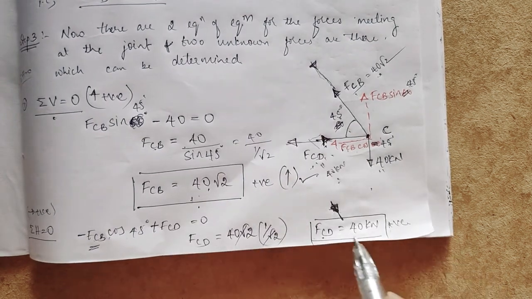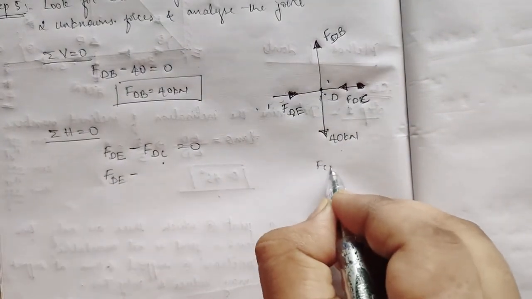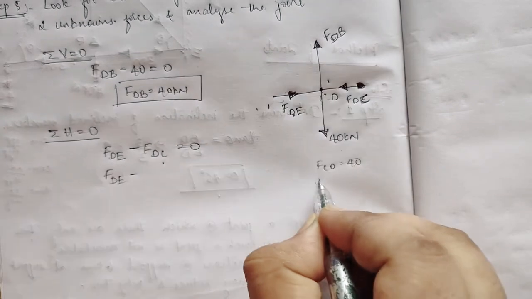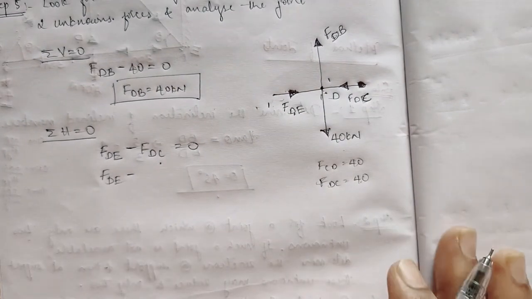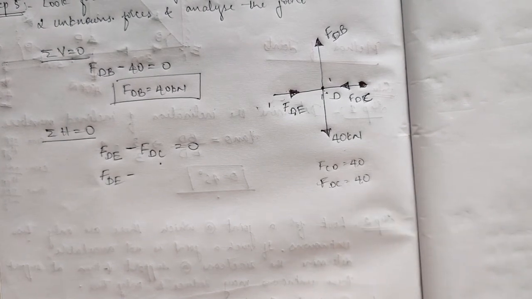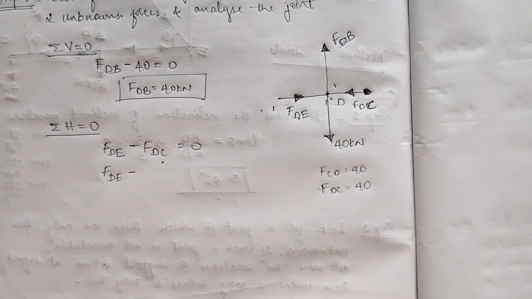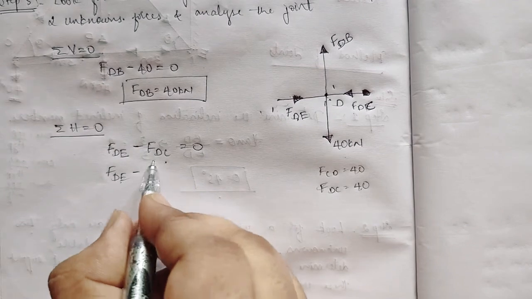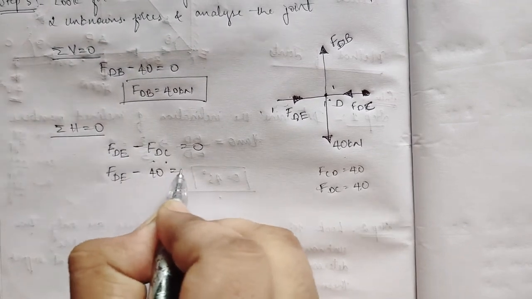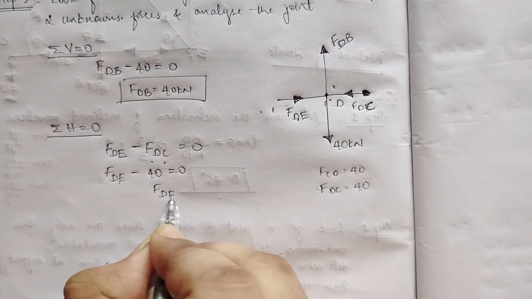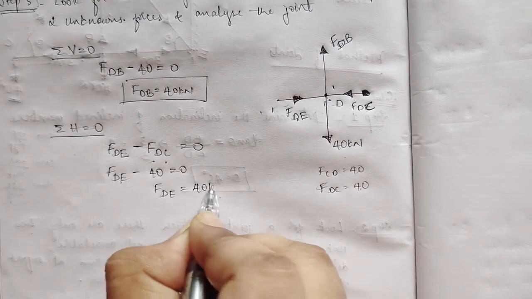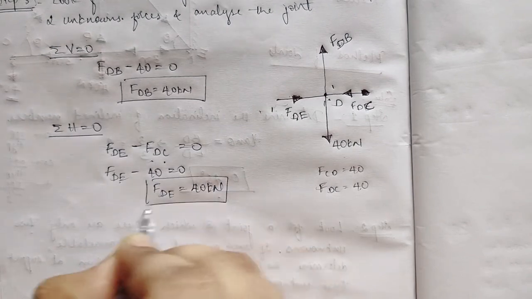FCD we got as 40 kilonewton. So FDC will also be 40. In the same member, the forces will be the same. So FDE minus 40 is equal to 0. So FDE is equal to 40 kilonewton.